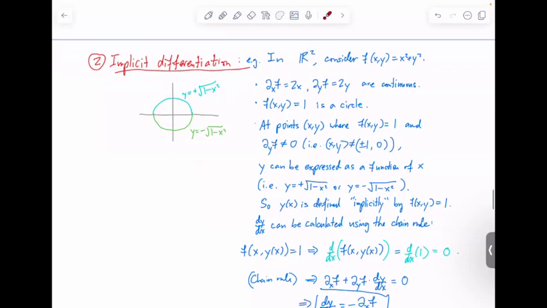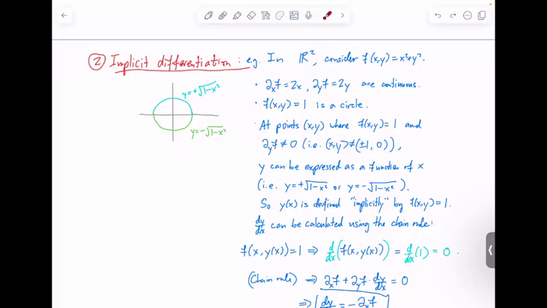So in other words, I could always describe y as a function of x so long as I'm not at these 2 points. At these 2 points, and below them, I no longer have a function that describes my point as a graph in terms of x.